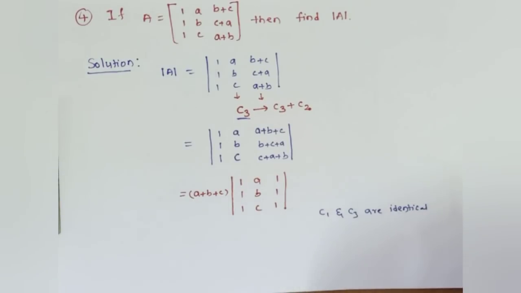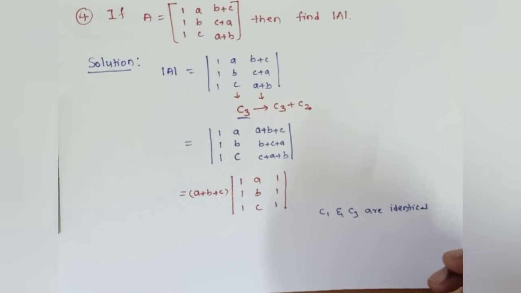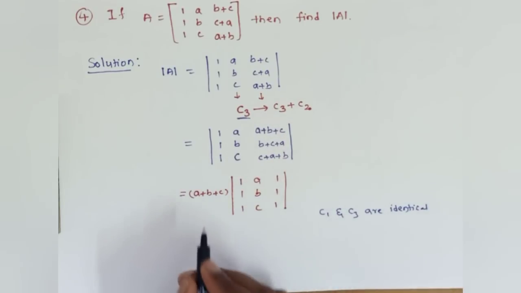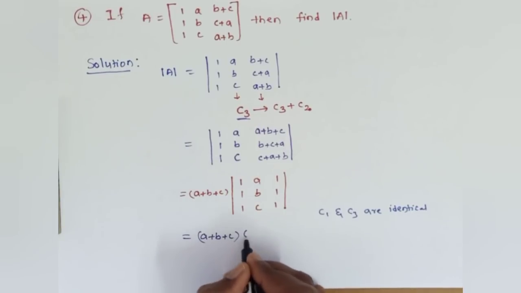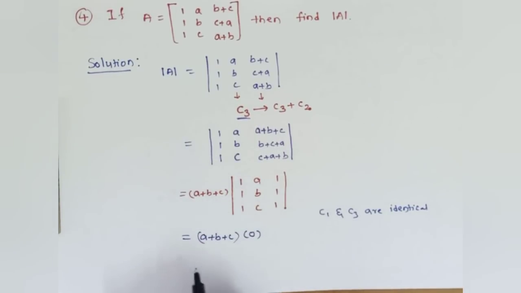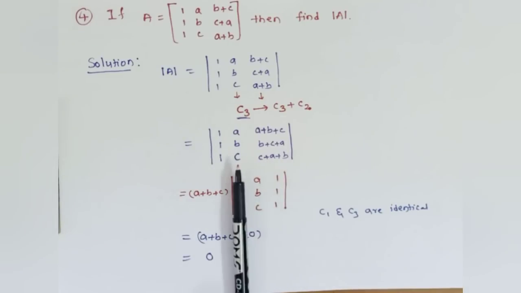There is a property: if any two rows or columns of a given matrix are identical, then the determinant of that matrix vanishes, or is 0. So this is A plus B plus C times 0. Directly you can write 0, since A plus B plus C into 0 is 0. Here we are using the property that these two columns are identical.